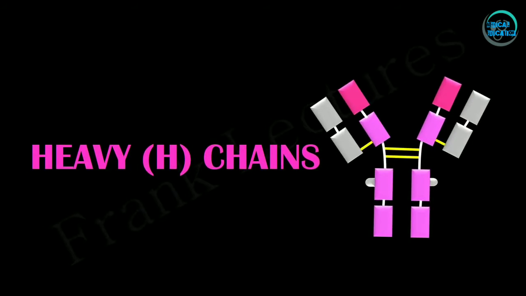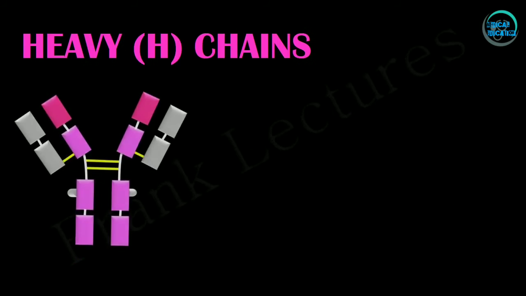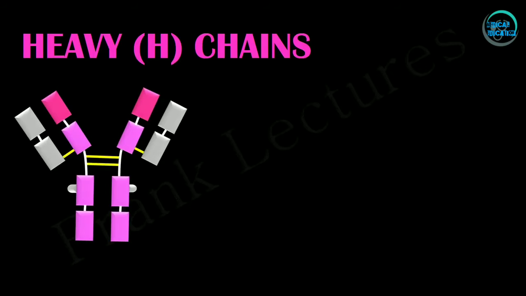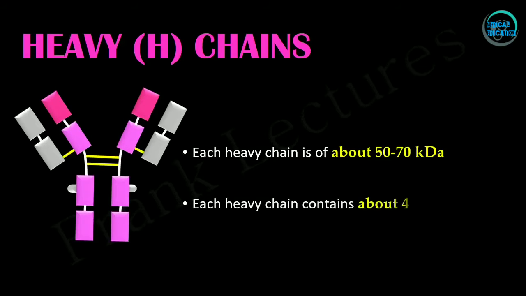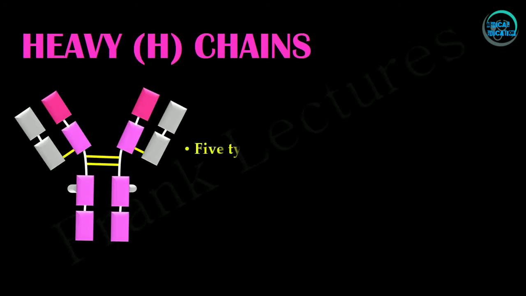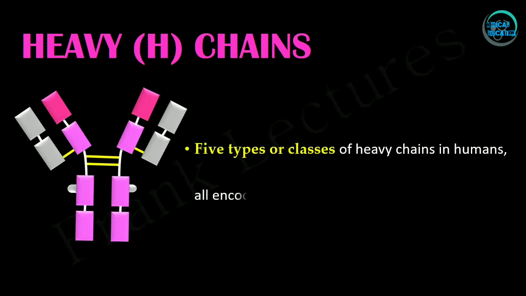Heavy chains. Heavy chains are the longer subunits of the antibody structure. Each heavy chain has a molecular weight of about 50 to 70 kilodaltons. And each heavy chain contains about 440 amino acids. There are 5 types or classes of heavy chains in humans, all encoded on chromosome 14.